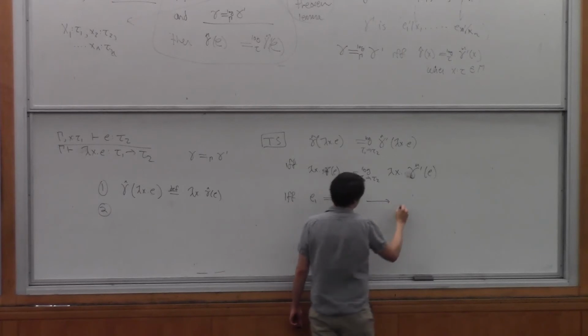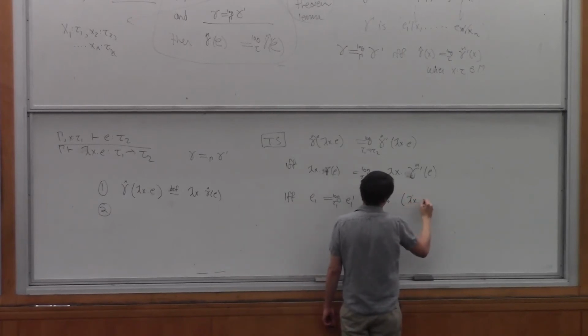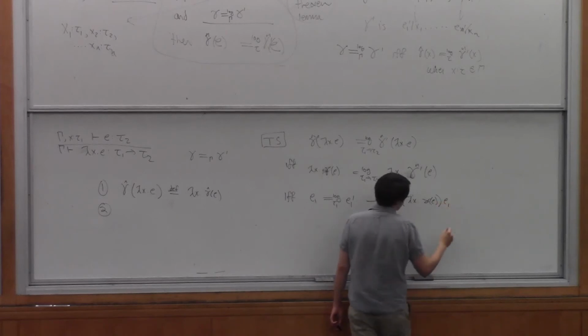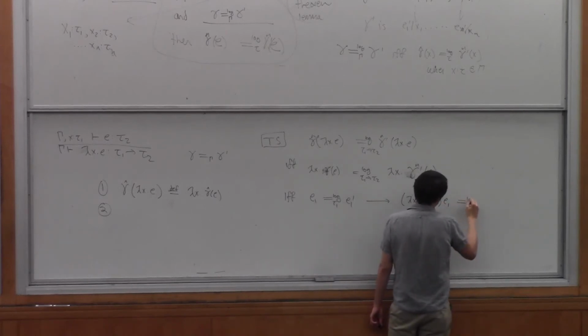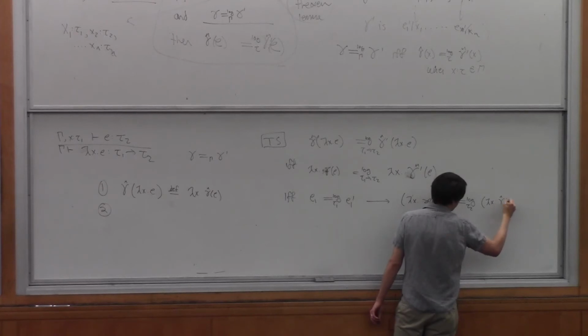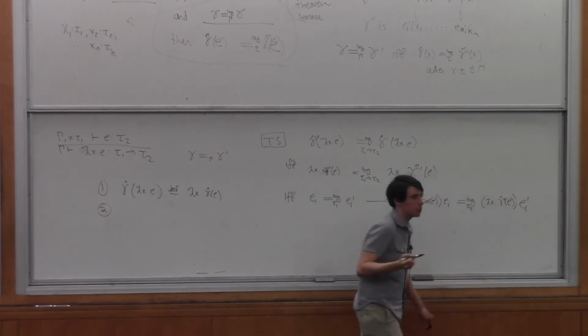And from that, we need to show that lambda x dot, the substitution instance of E applied to E1, is logically equivalent in tau2 to lambda x dot, the substitution instance of E prime applied to E1 prime.